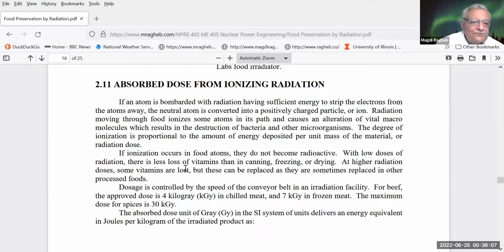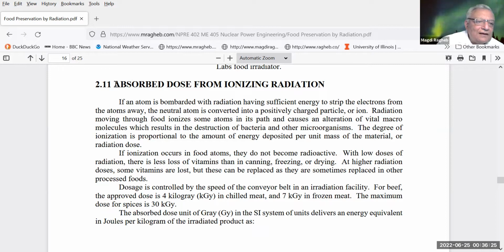And in that case, we measure that amount of energy that's delivered to the material by what we call the absorbed dose. The dose, of course, comes from the field of pharmacology. The amount of medication that you take is measured by the dose.